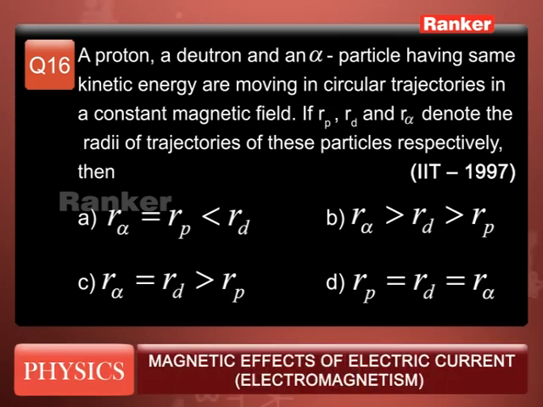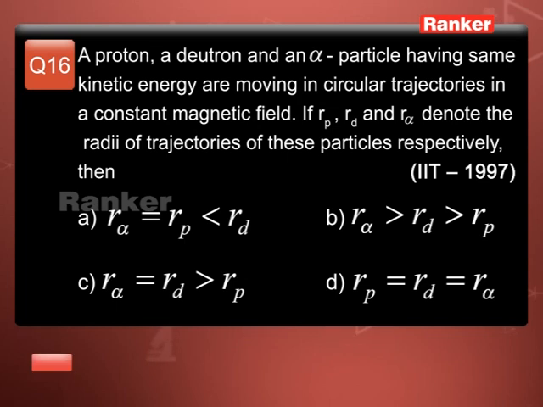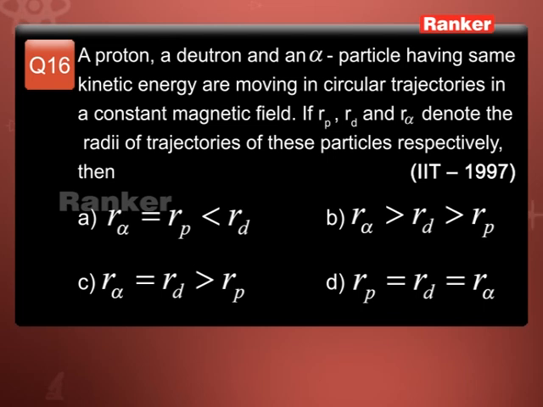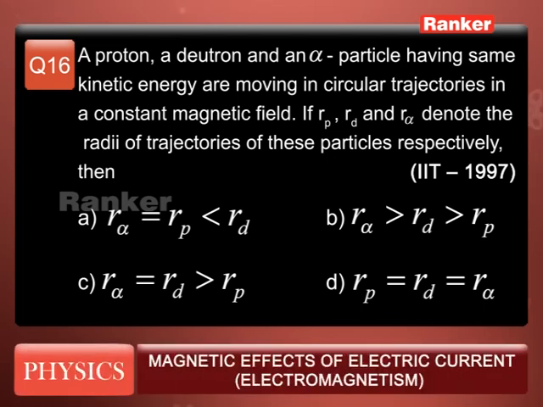First option he has given you as R alpha is equal to R proton, which is less than R deuteron. The second option: radius of the trajectory of alpha particle is greater than the radius of deuteron, which is greater than the radius of the trajectory of proton.